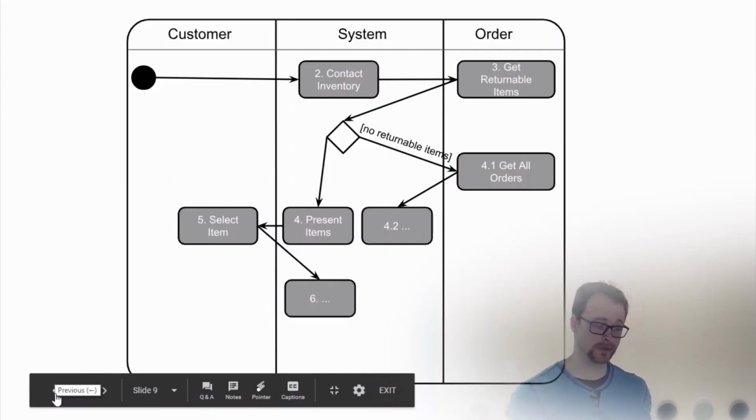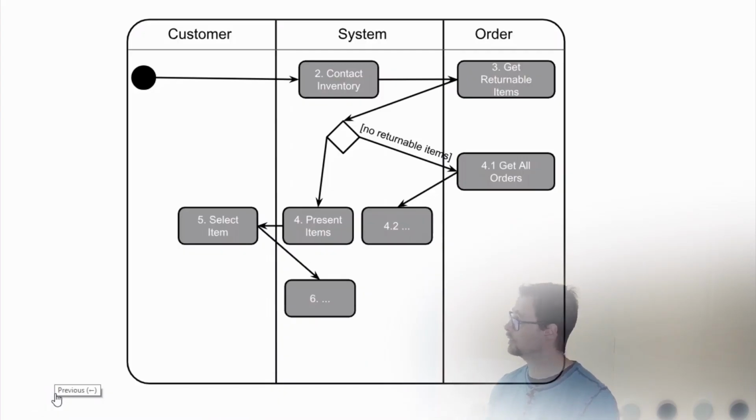So in the best of worlds, of course, when I update this activity diagram, when I rearrange the steps, maybe the use case steps are automatically rearranged also. That would be super neat. Or if I rearrange the steps in the use case, they will be automatically rearranged in the activity diagram, or added to an activity diagram.